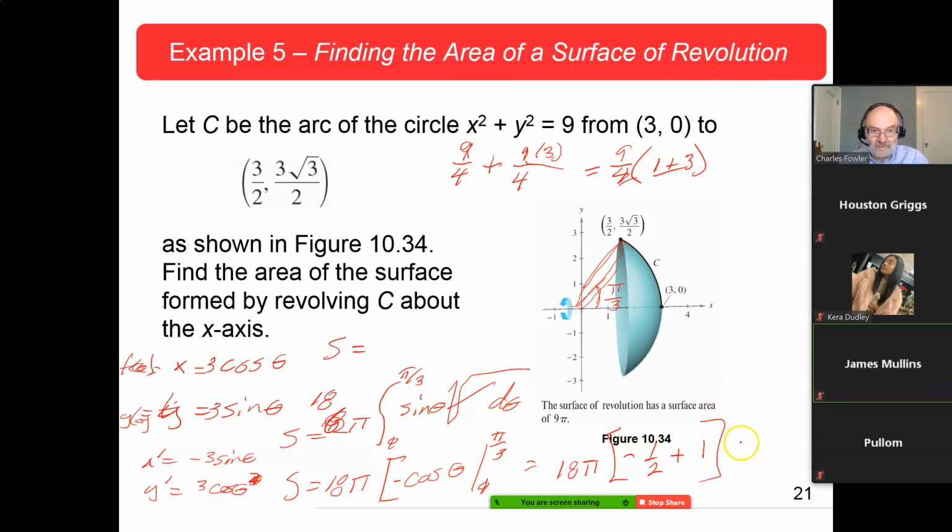So that's going to be plus 1/2. So that looks like it's going to be 9/2. Oh, I mean 9 pi. I say 9/2, I wrote it right. 9 pi. And that is indeed what your area is. So that's how we did it.